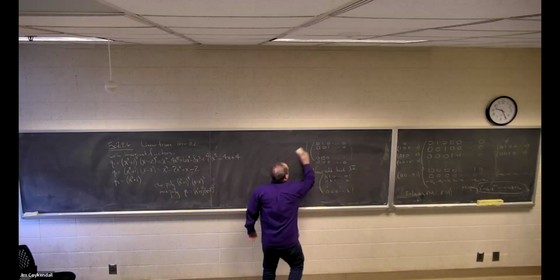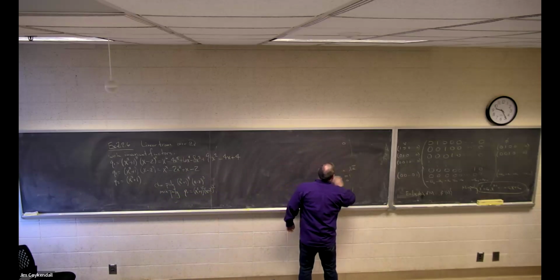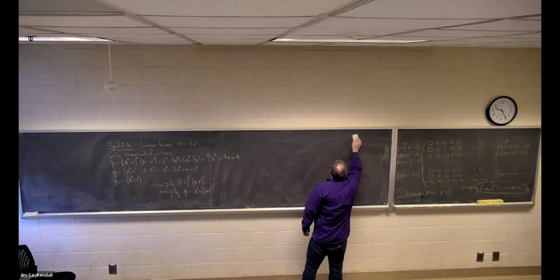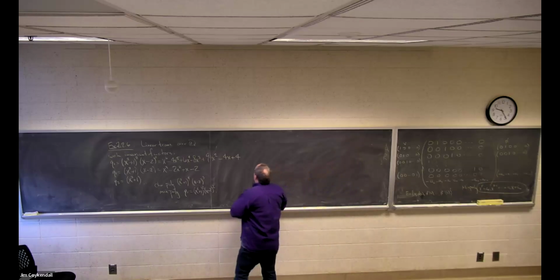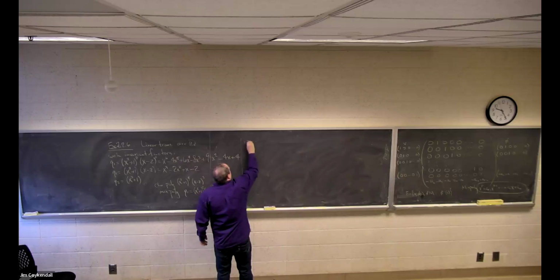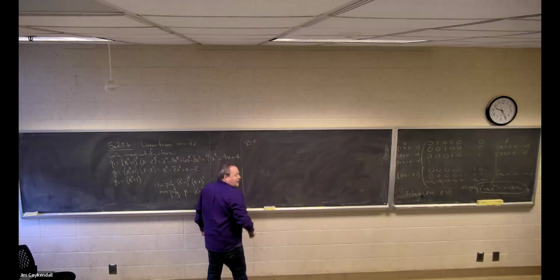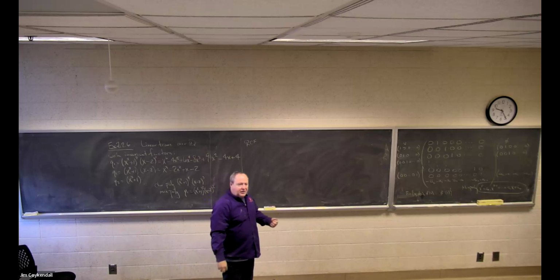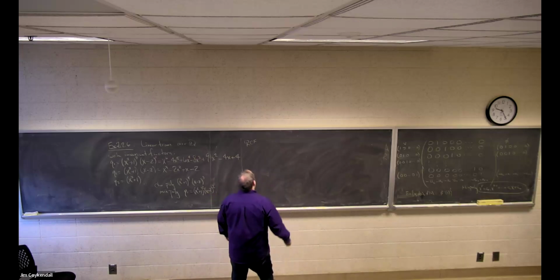Okay, lots of canonical forms. So let's do the straight up rational canonical form. The rational canonical form uses the invariant factors of the module.